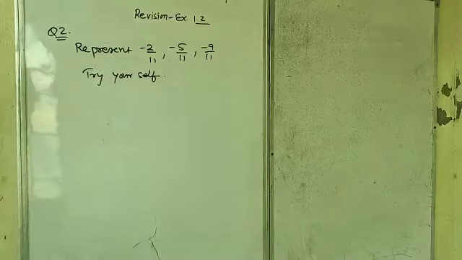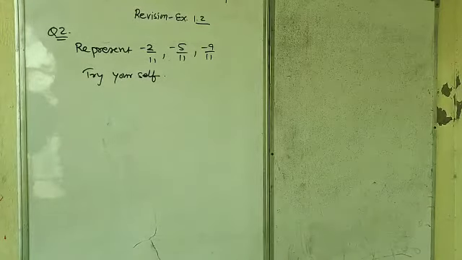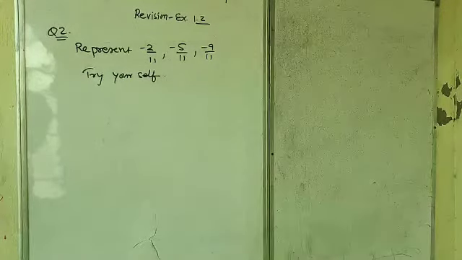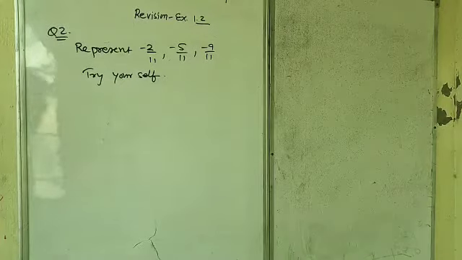Okay, try it by yourself. And the next question: write 5 rational numbers which are smaller than 2.